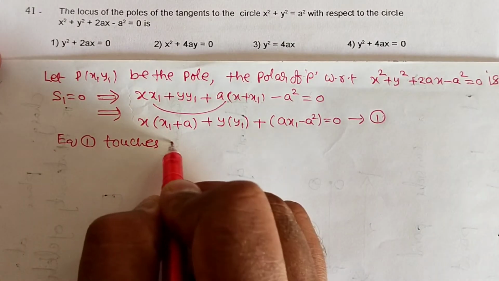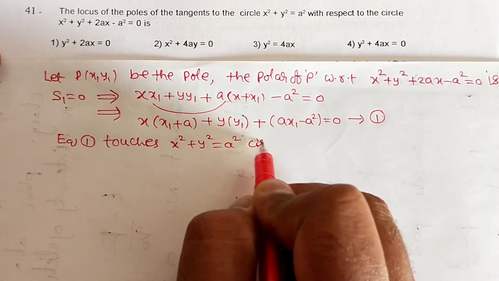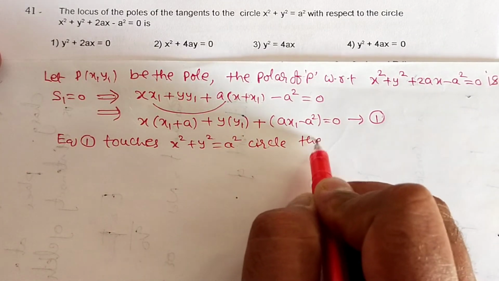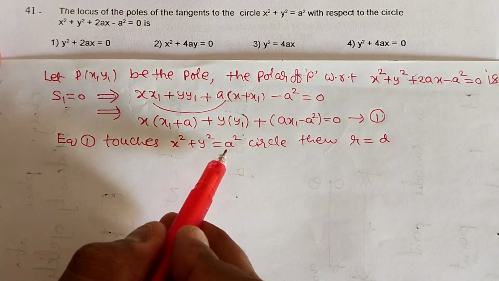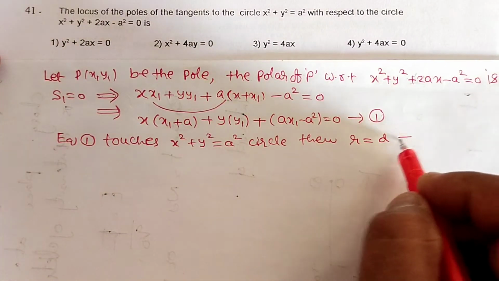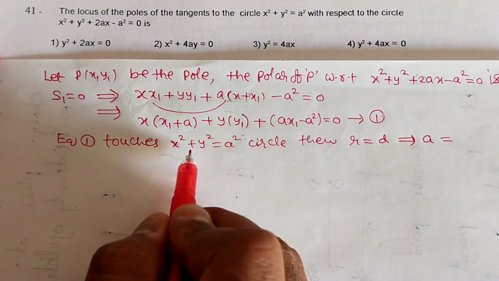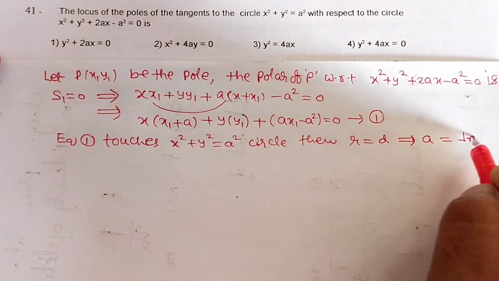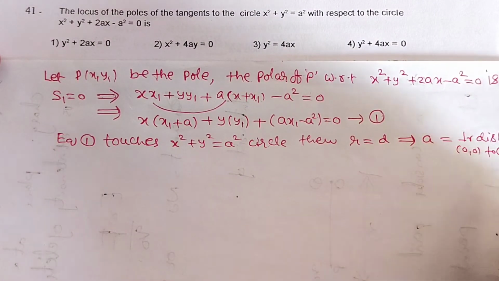Equation 1 touches the x² + y² = a² circle. Then we have the condition r = d. What is r in this circle? a. So that implies a = d, the perpendicular distance from the center of the circle, so the perpendicular distance from origin to equation 1.